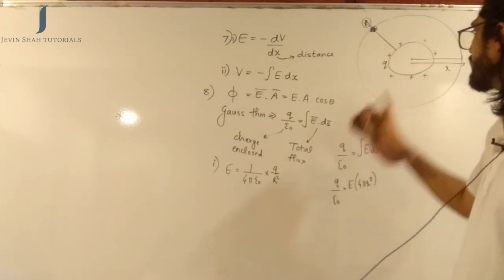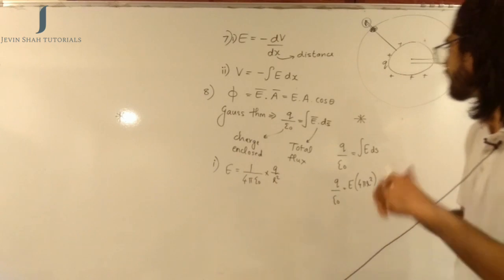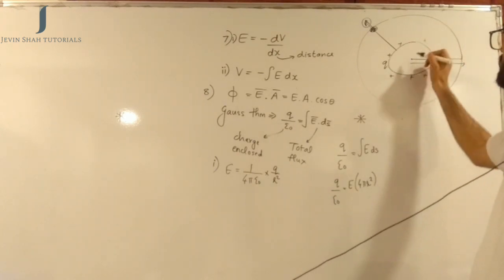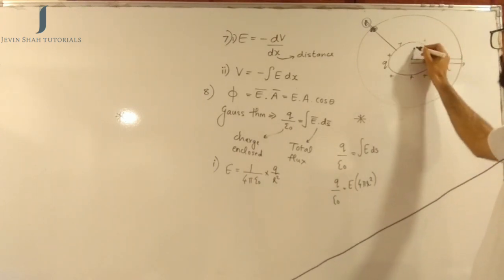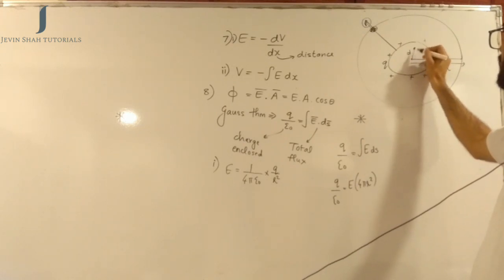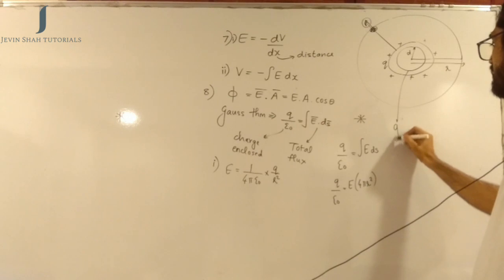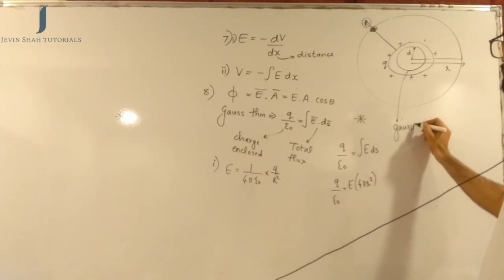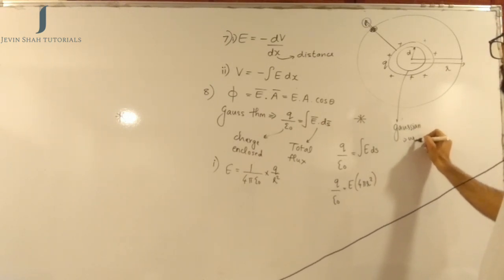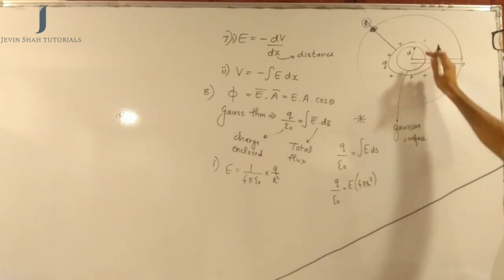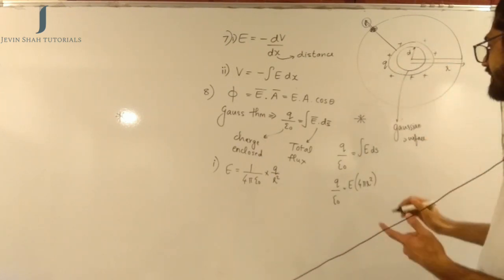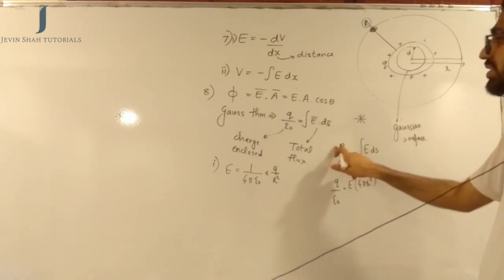Now keep in mind this was a conducting sphere. What if I ask you the electric field inside? Say for example there is a point at a distance of d from the center inside the sphere. So my Gaussian surface will now be this. But to find E at this point, we will say that Q, the charge enclosed, is 0.